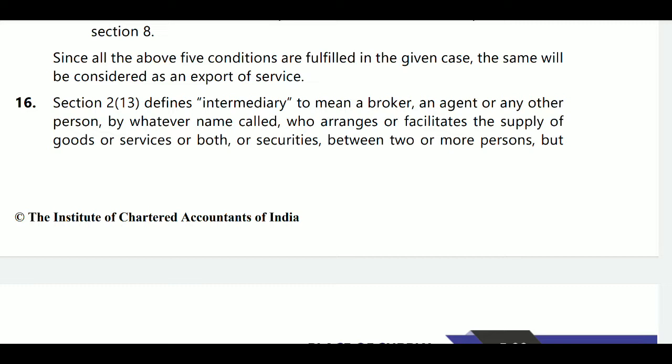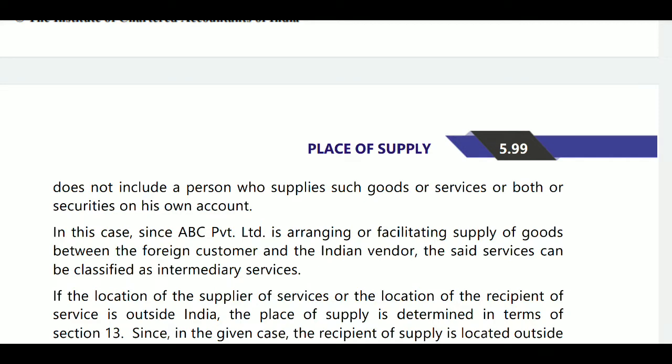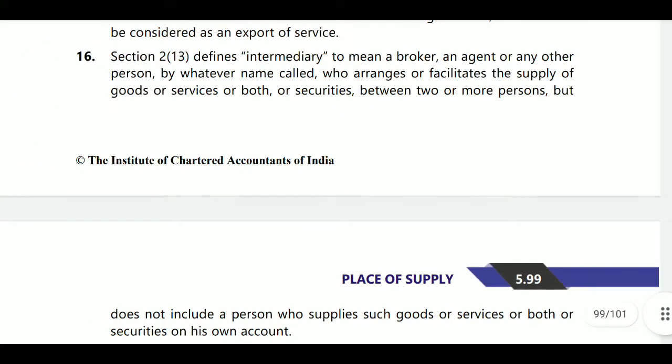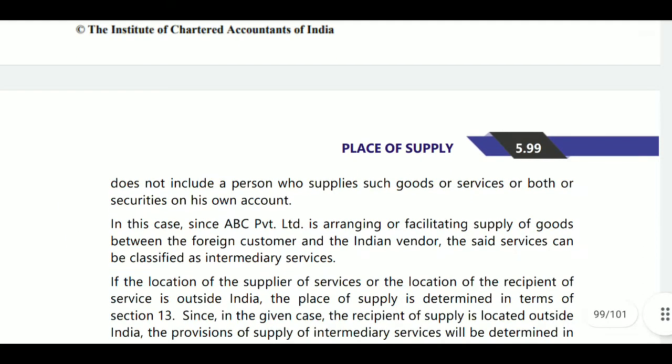Intermediary means a broker, agent or any other person, by whatever name called, who arranges or facilitates the supply of goods or services or both or securities between two or more persons, but does not include a person who supplies such goods or services or both or securities on his own account.